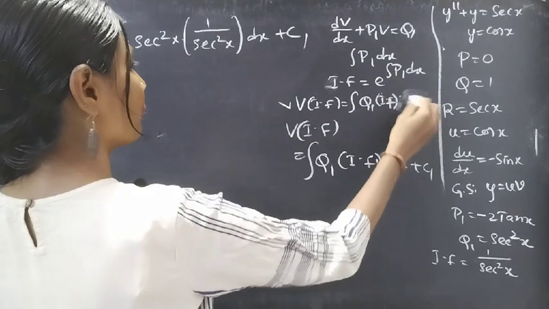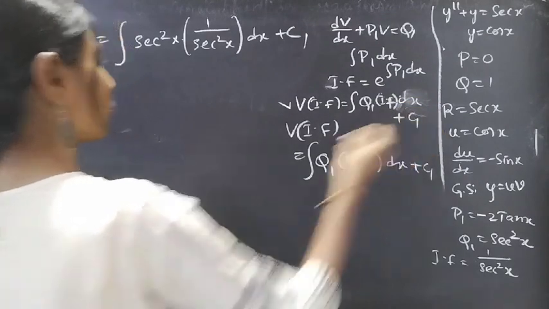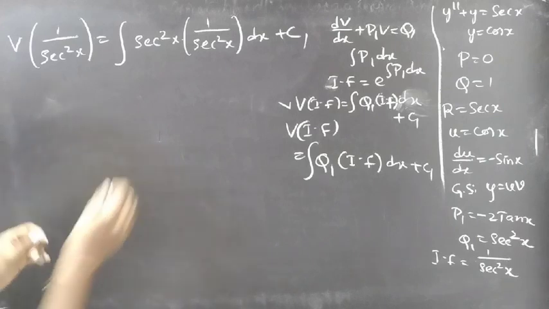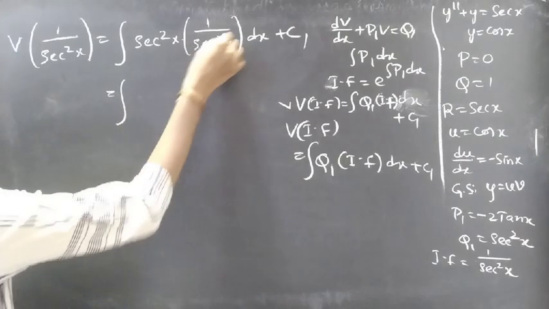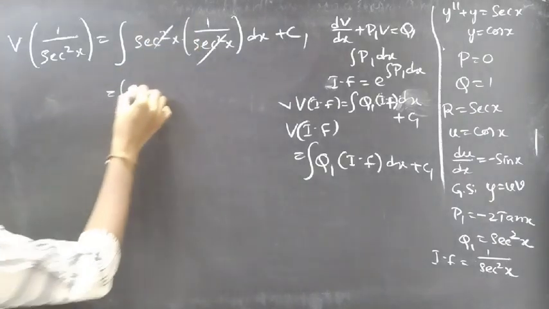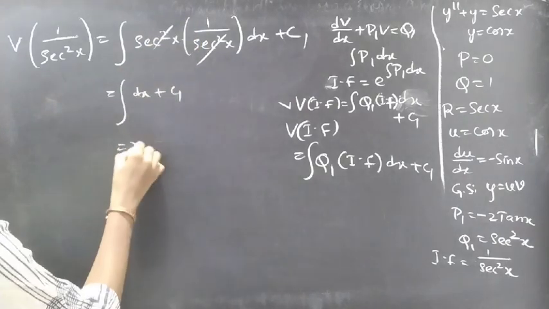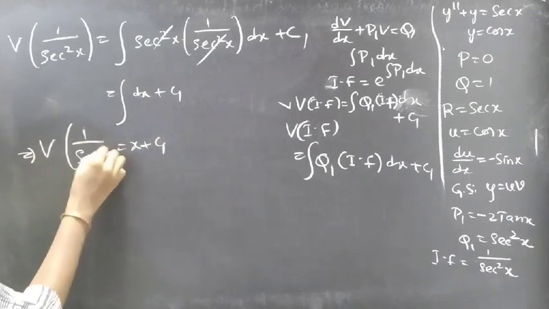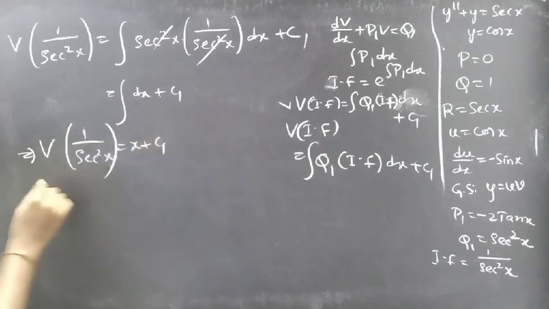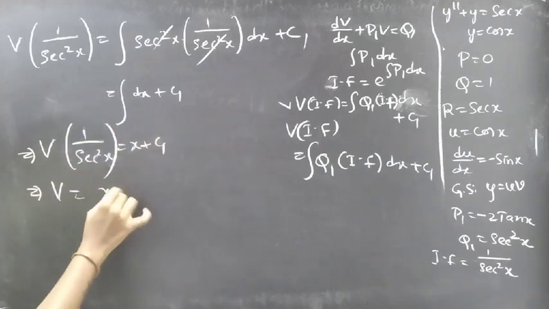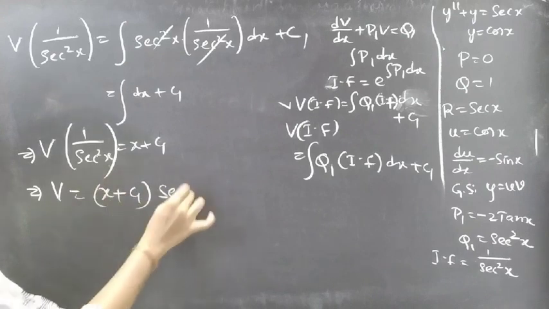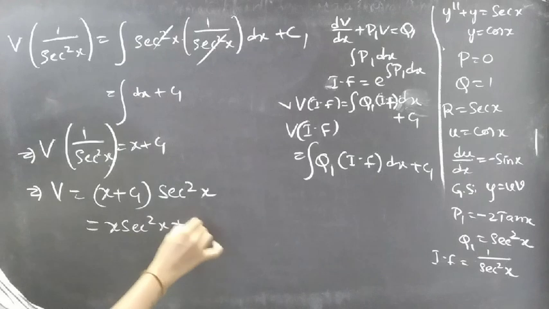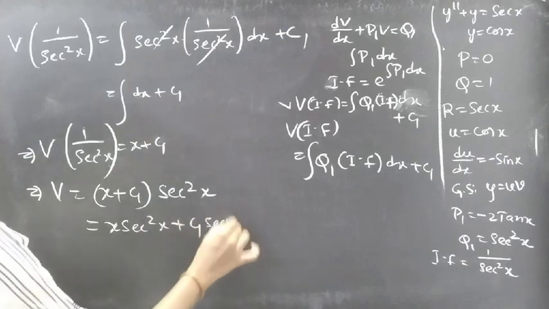So here secant square x gets cancelled and you will get integral dx plus c1, which is equal to x plus c1. Now take this term to the RHS, then we get v equal to x plus c1 into secant square x, which is equal to x secant square x plus c1 secant square x.